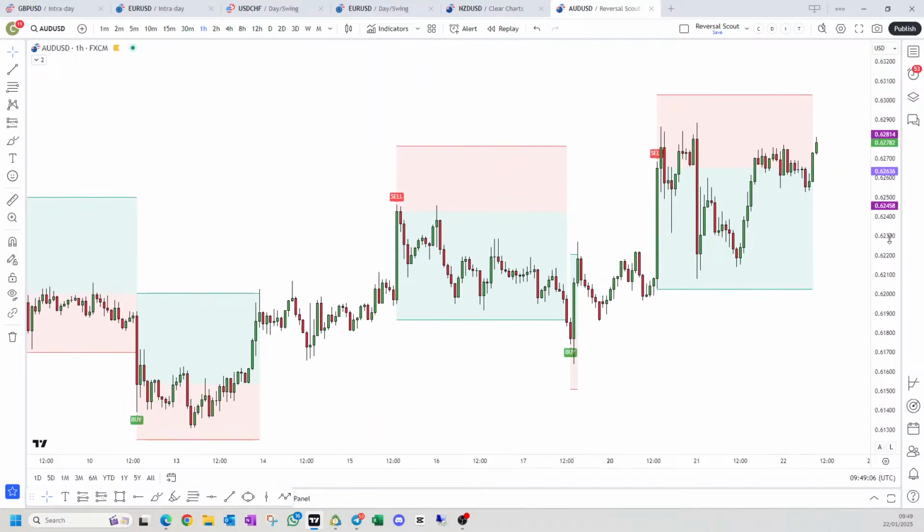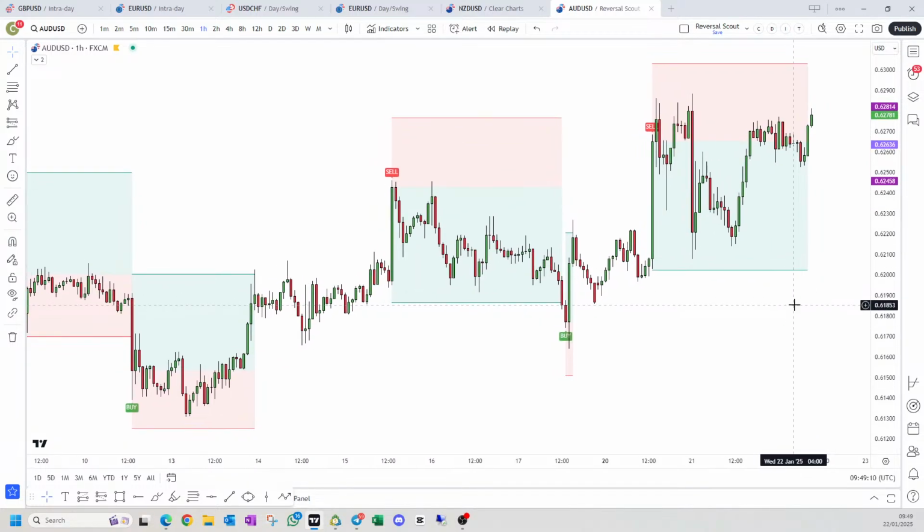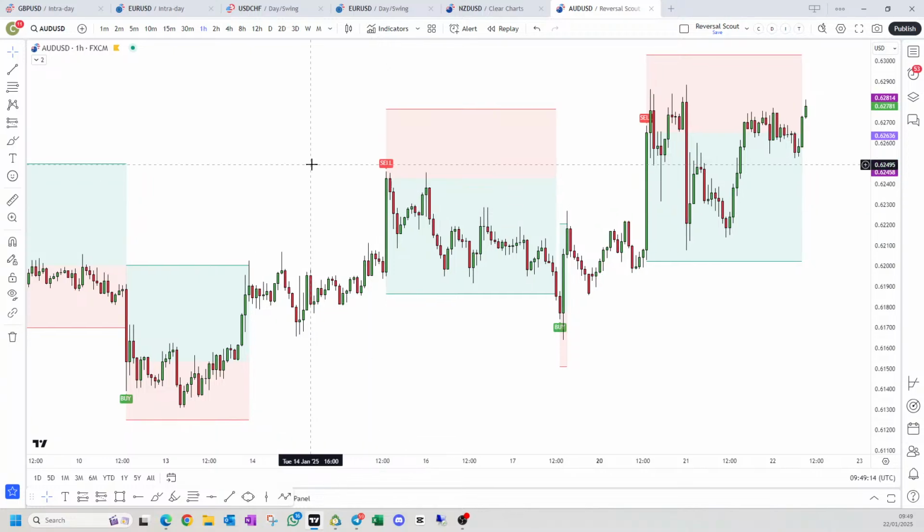I'll show you some client success stories from the 20 people that we've got running at the moment, but you can get this as an indicator, as you see here, and just basically set an alert on TradingView so that each time a buy or sell opens, you'll get that mobile notification, and you can trade this manually on your own funded account by simply placing these as real orders.